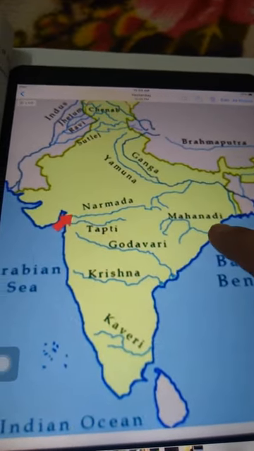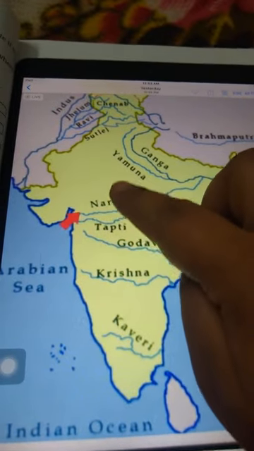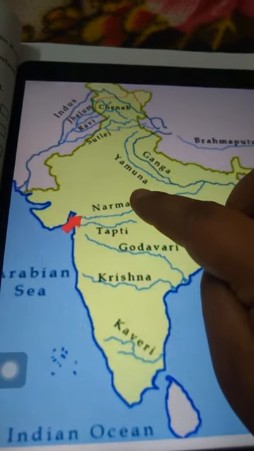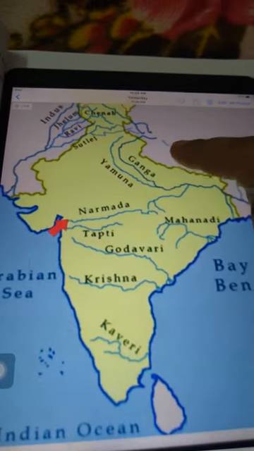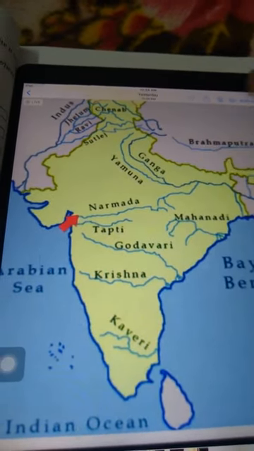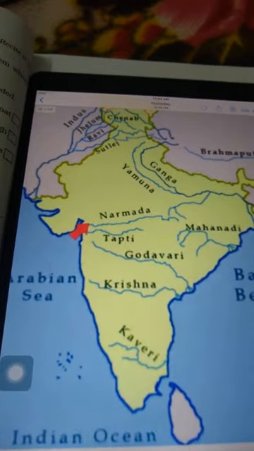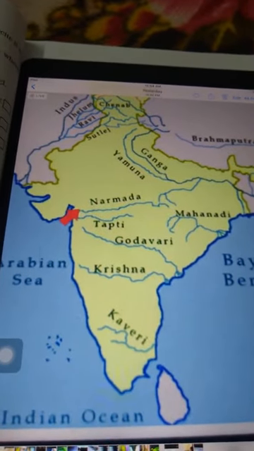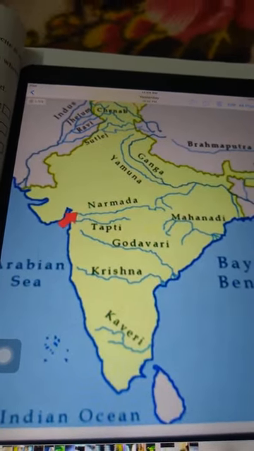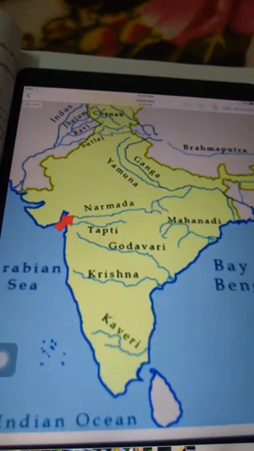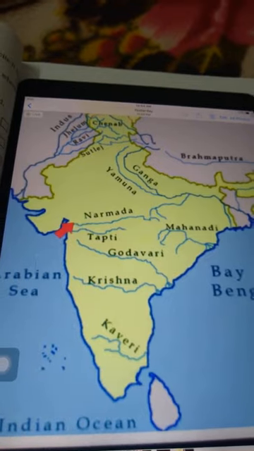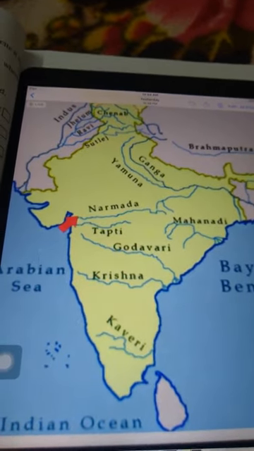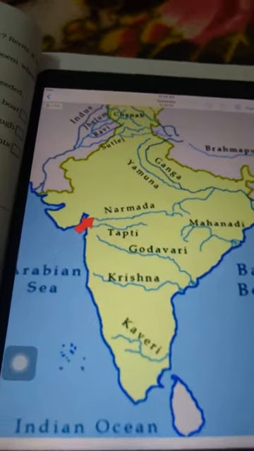This is Mahanadi. This is Tapti. This is Narmada. This is Yamuna. And this is Ganga. From the map, we know that Kaveri, Krishna, Godavari, Tapti, Narmada, Mahanadi, Yamuna, and Ganga flow in our country.